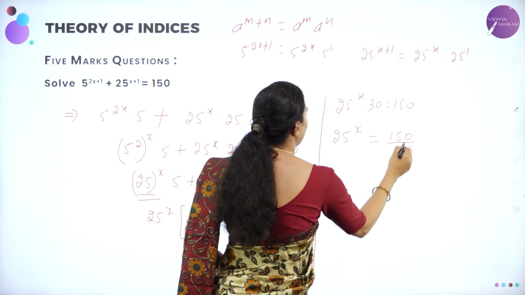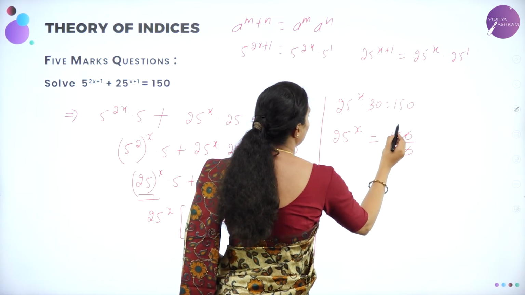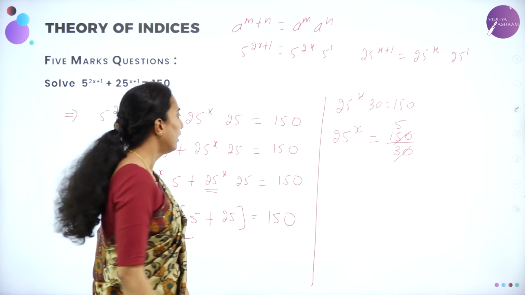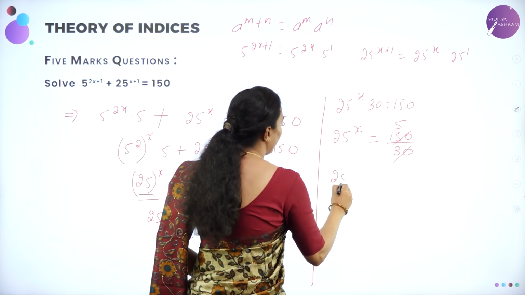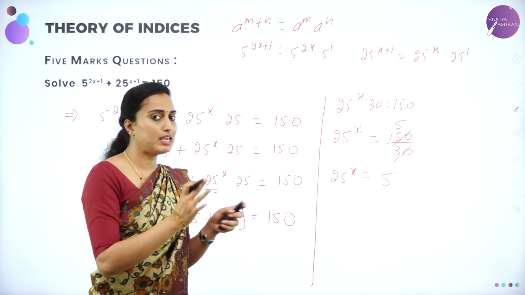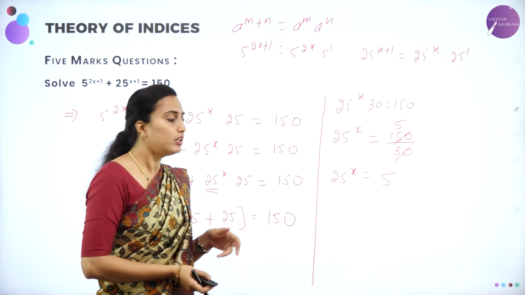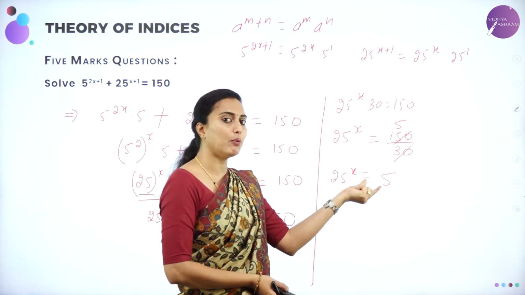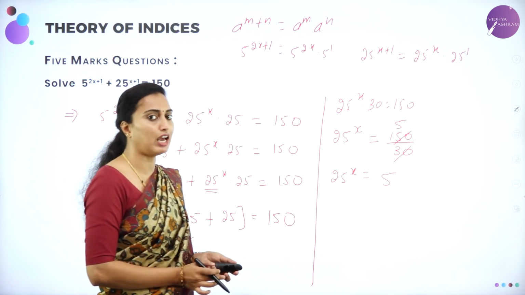Now what will it become? 30 ones are 30, 5 times 30 is 150. So you have 25 power x equal to 5. Now I want the base to be the same, so I want to write this 25 as 5 squared. If the bases are equal, I can equate the powers to find the value of x.